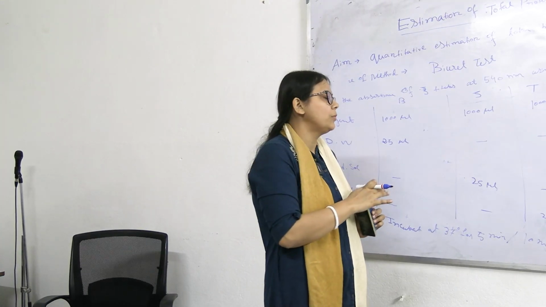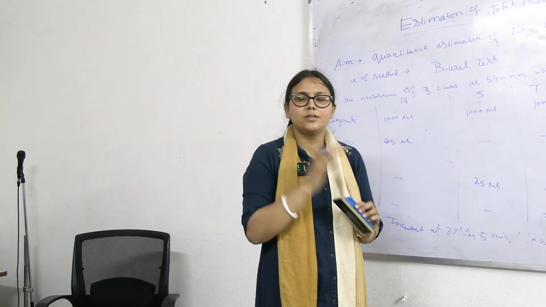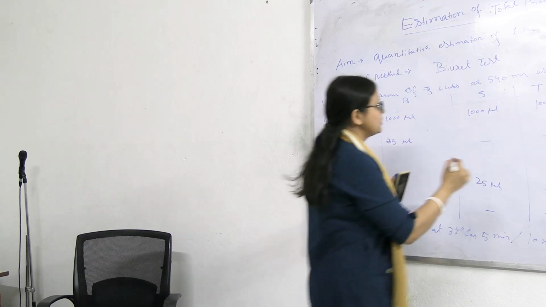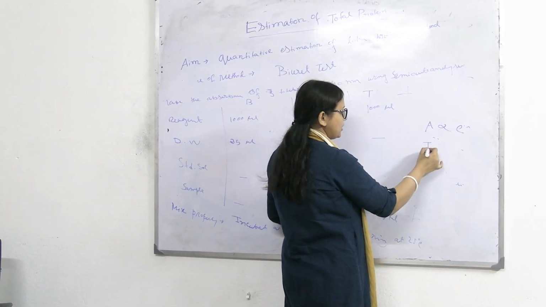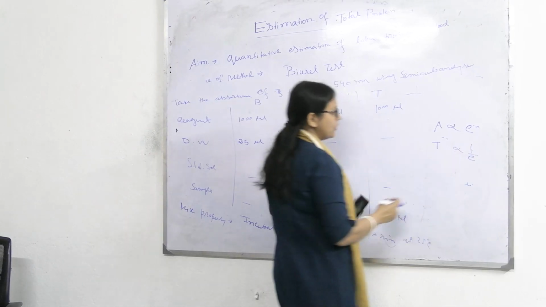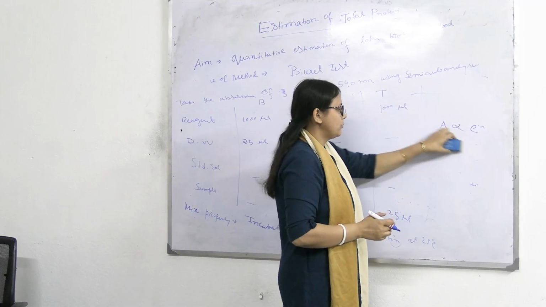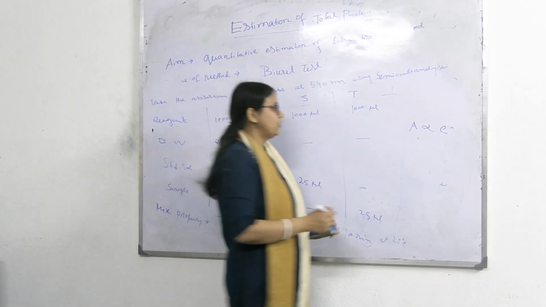In simplified form, absorbance is directly proportional to the concentration, while transmittance is inversely proportional to the concentration. Here we use absorbance, so we have to remember that absorbance is directly proportional to the concentration. And what is Lambert's law?